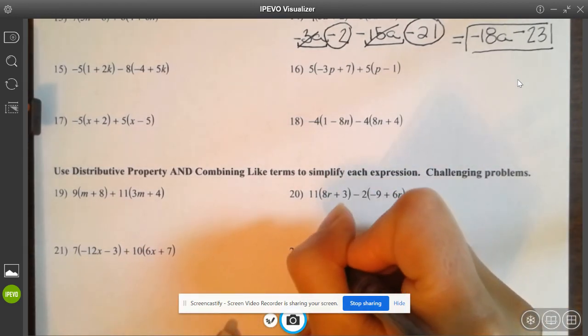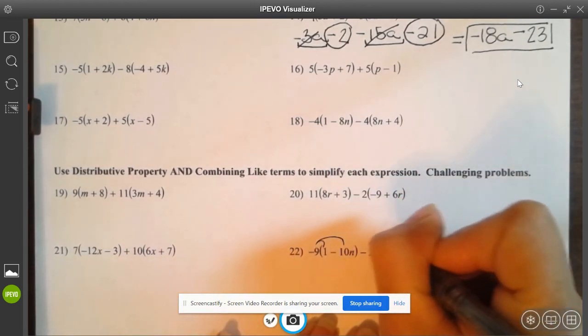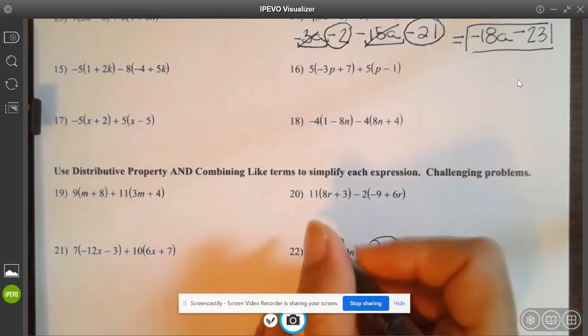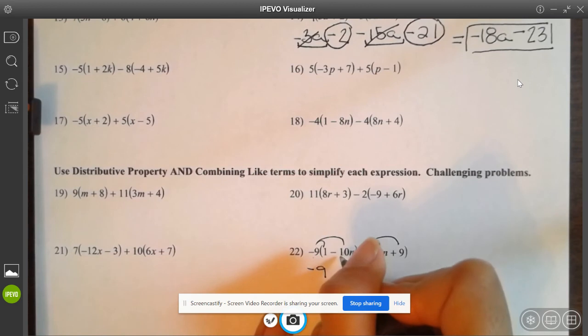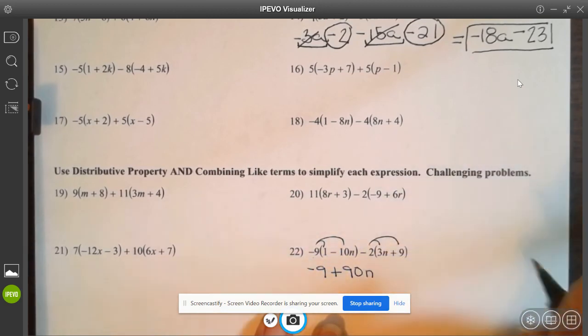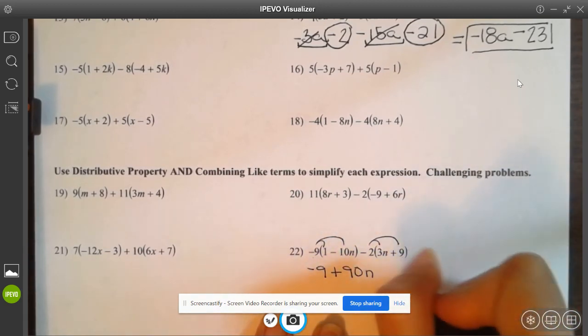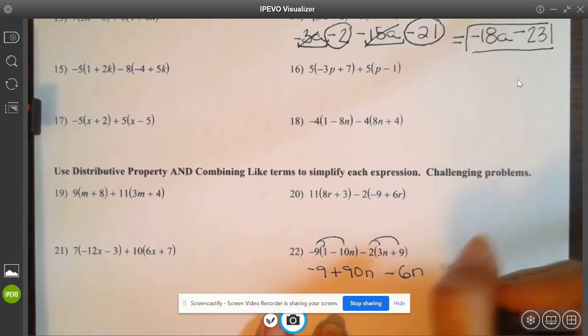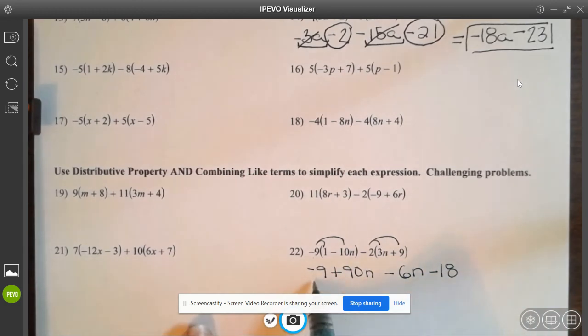So the first thing is multiply each of the numbers inside the parentheses. -9 times 1, that's -9. Negative times a negative is a positive. -9 times -10 is plus 90n. And then the next part would be -2 times the -6n, and then -2 times positive 9, that is -18. And then you combine like terms.